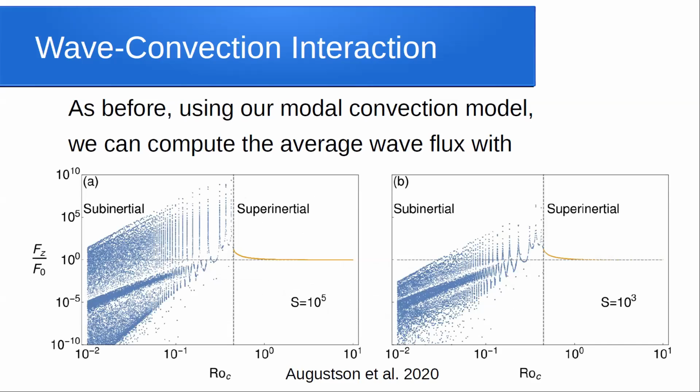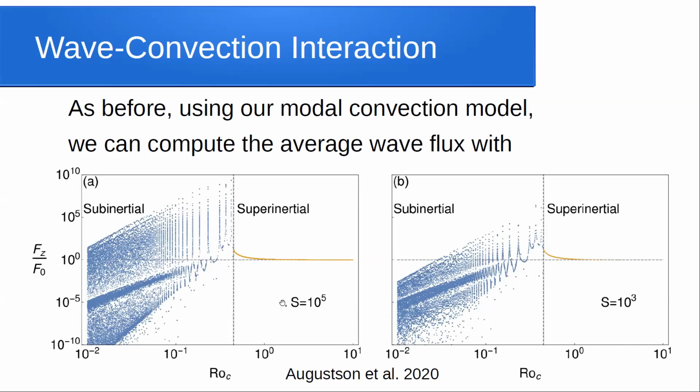If you do that, and you look at this wave flux for a variety of parameters, so this is again your Reynolds stress driven, rotationally influenced wave flux relative to the just pure gravity wave flux or the non-rotating wave flux.